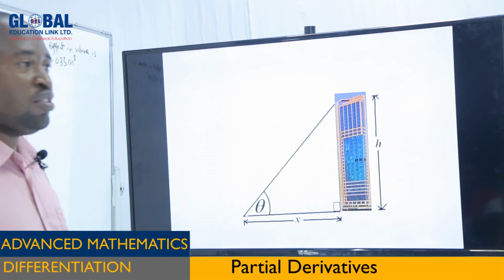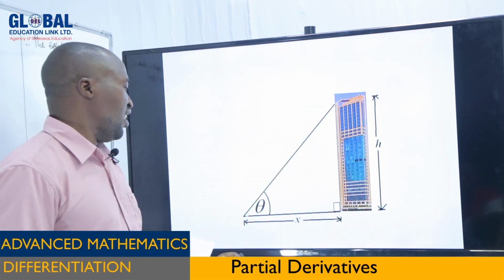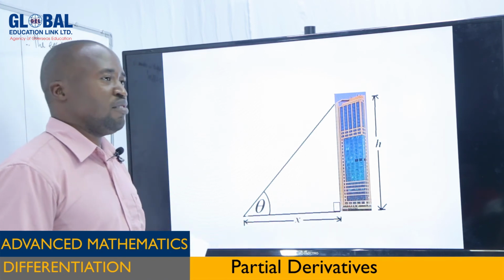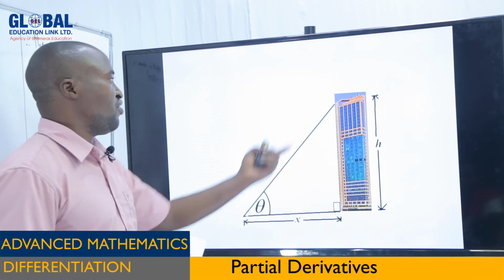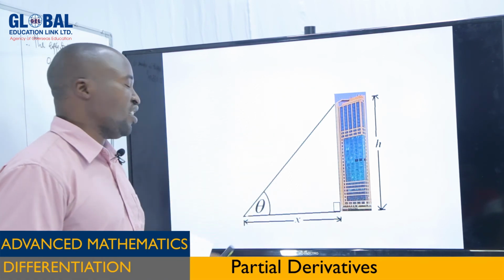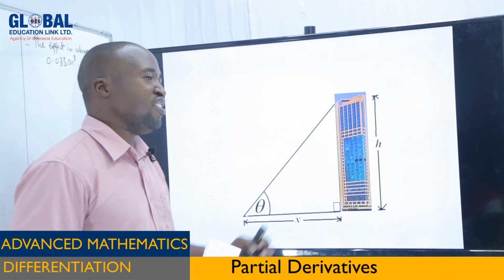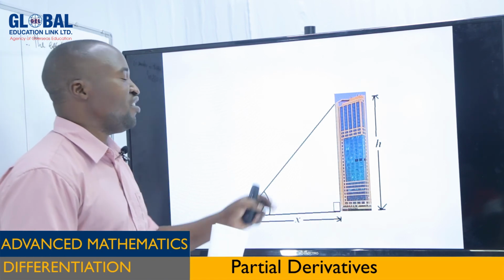So of course, dear student, this is our tower with height h, and the distance from the base of the tower is x meters. And here we have the angle of elevation, that is from the top of the tower to the ground. Now our intention is to find the height of this tower, and again the small change of the height.